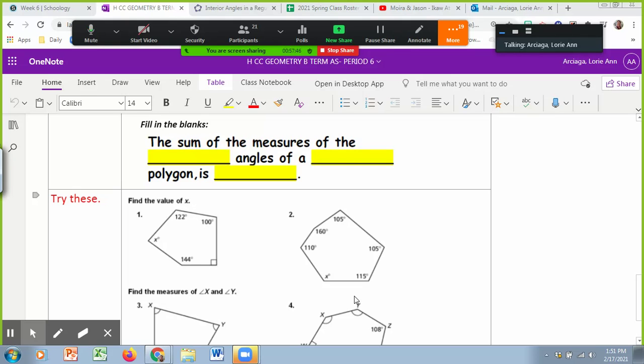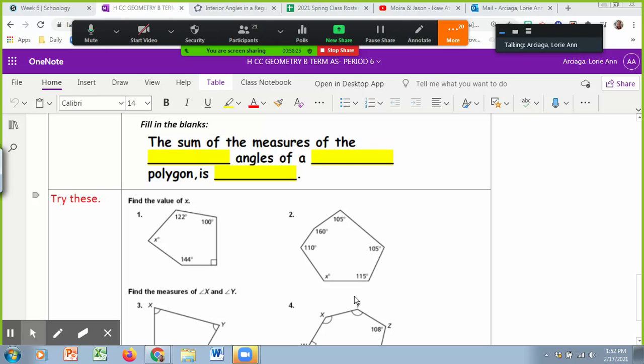You can DM me. If you guys are getting it, keep going. I just want to have some wait time from the rest. Any questions about where we're getting 720 from? Okay. No comment?